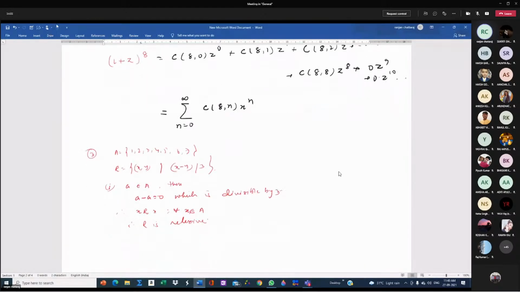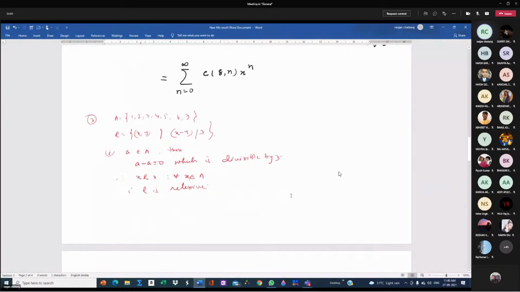So therefore, R is reflexive. Then after that, symmetry. How can you check this one? x, y belongs to A. Sir, it is not symmetric.